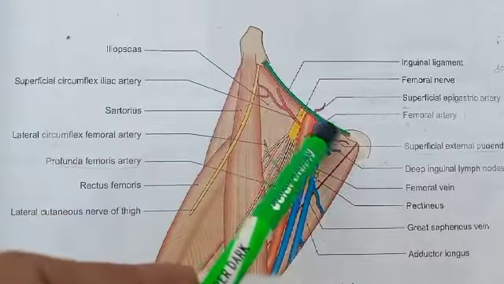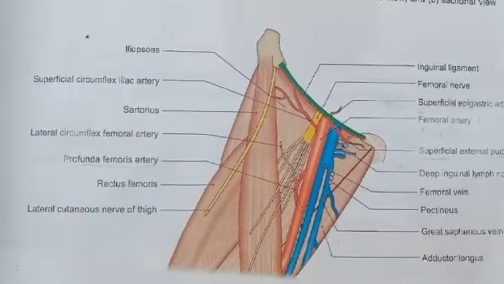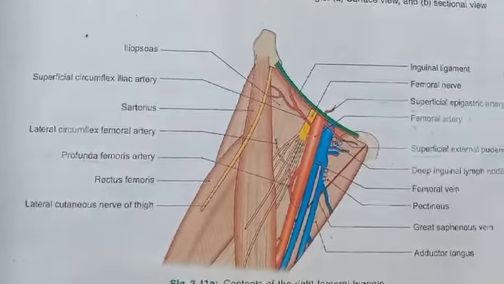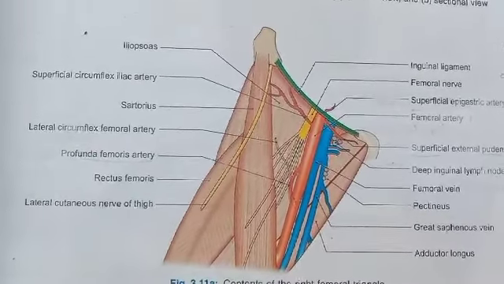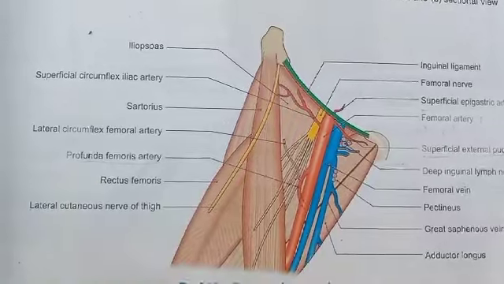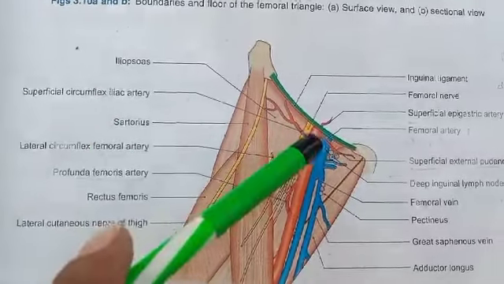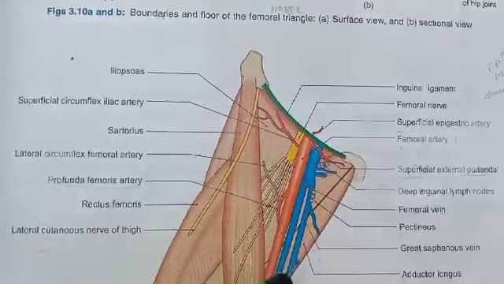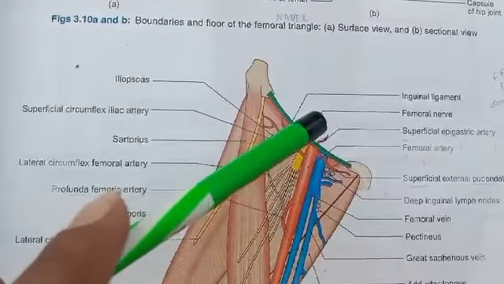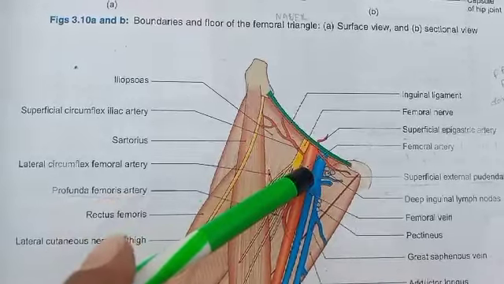Above, it is bound by the inguinal ligament, and at the base, the apex is made by the adductor longus and the sartorius. Now its contents are the femoral artery, the femoral vein in blue, and the femoral nerve, which is lying lateral to the femoral artery.